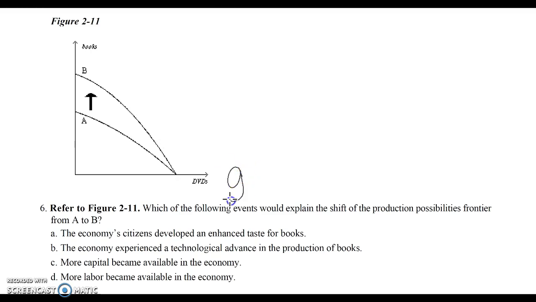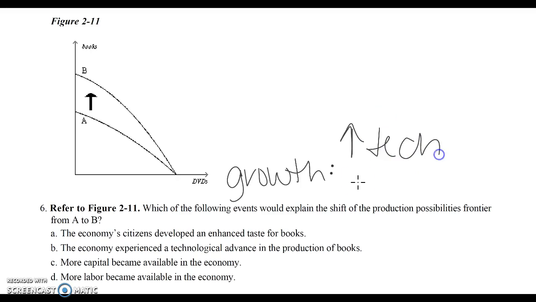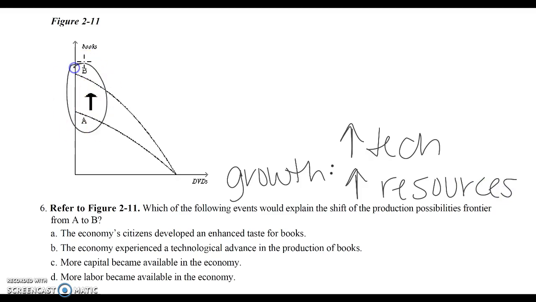And in order to have growth, you have to have an increase in technology or an increase in resources. Now, with this example, we are shifting on this end, but we are not changing on this end. So all we're getting more of is the books. Okay, so what we need to know is that we are just increasing books.